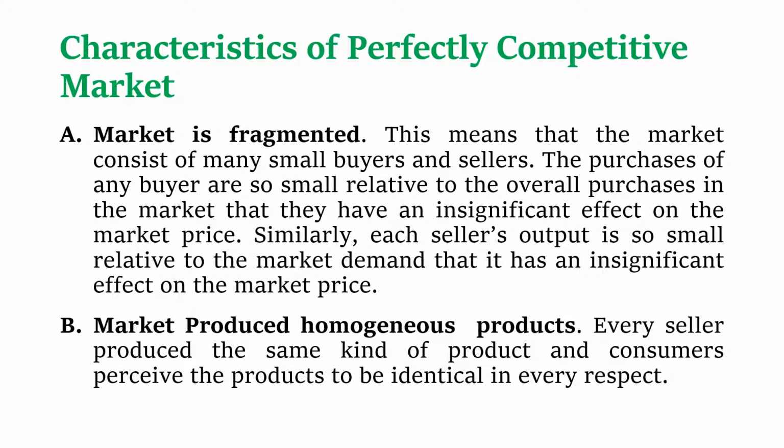Similarly, each seller's output is so small relative to the market demand that it has an insignificant effect on the market price. So because each seller's output is so small, when we compare its output with the overall market demand, that output is so small that it has little influence on the market price.